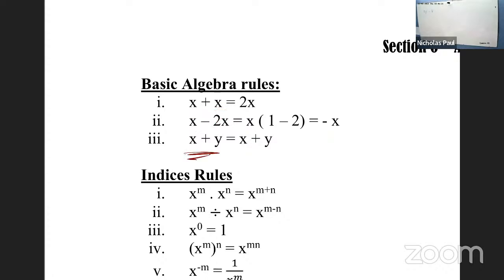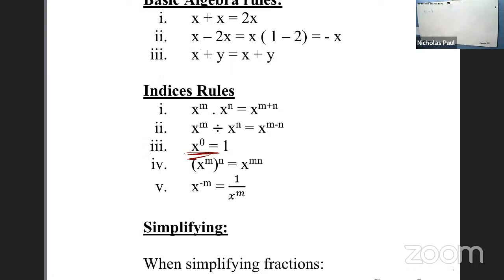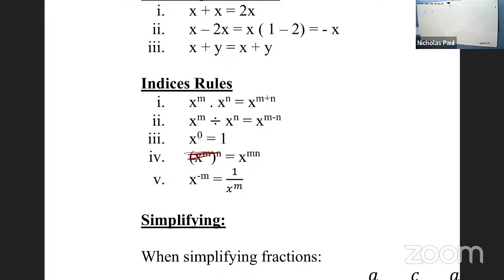Why did this stay the same here? x plus y is the same as x plus y because you have two different variables here. So some quick rules for us to remember. Next, indices.